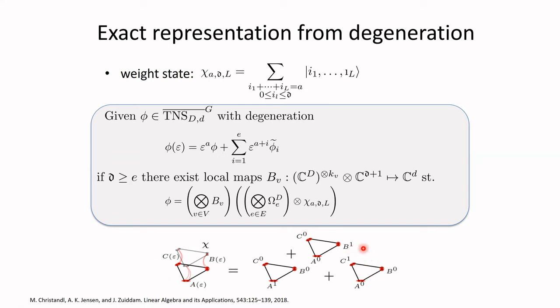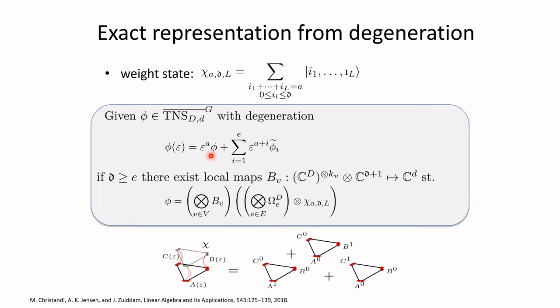And in the background, what we do is we recognize that phi of epsilon is a polynomial in epsilon. And what we would like to do is divide by epsilon to the A and send epsilon to 0. But we cannot evaluate this function directly at epsilon equals 0.